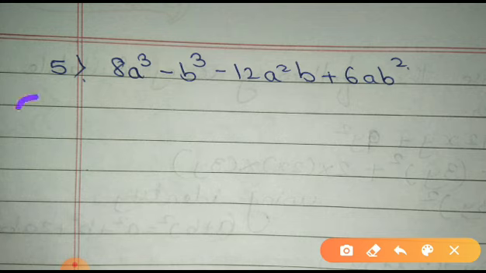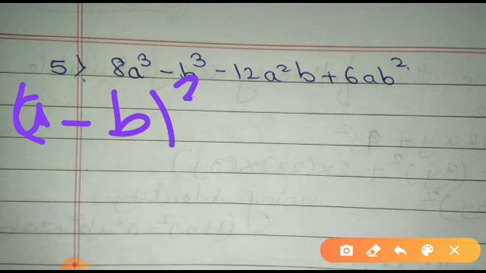Should I use plus or minus here? If I'm using (a plus b) the whole cube, each and every coefficient is positive. But here you have negative, so I cannot make use of that. So check for (a minus b) whole cube.